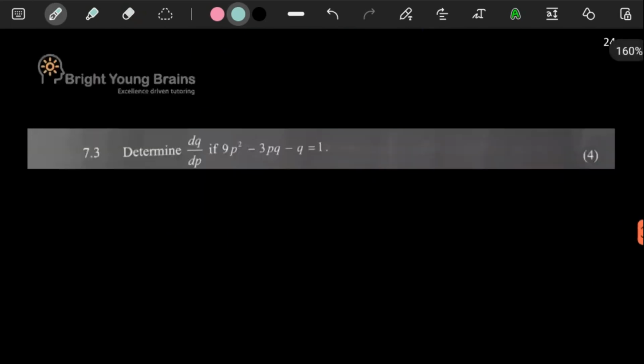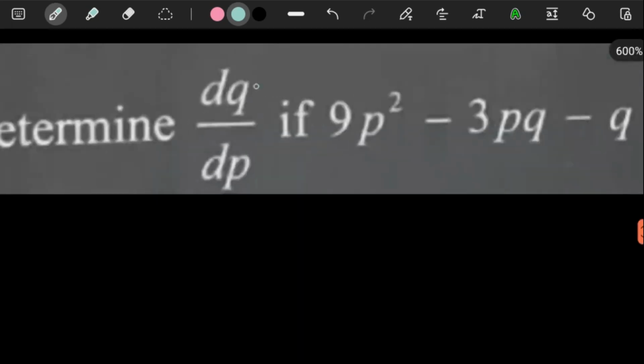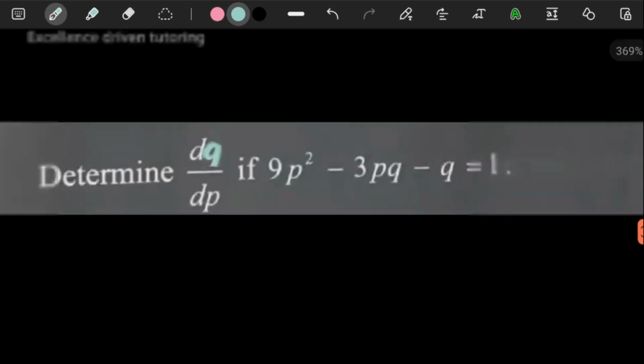7.3 says we need to differentiate, but we have to think of q as the main variable actually. So what we need to do here is make sure that q is the subject of the formula first before you differentiate. That's what this means. You need to make q the subject of the formula, and then you need to differentiate in terms of p.